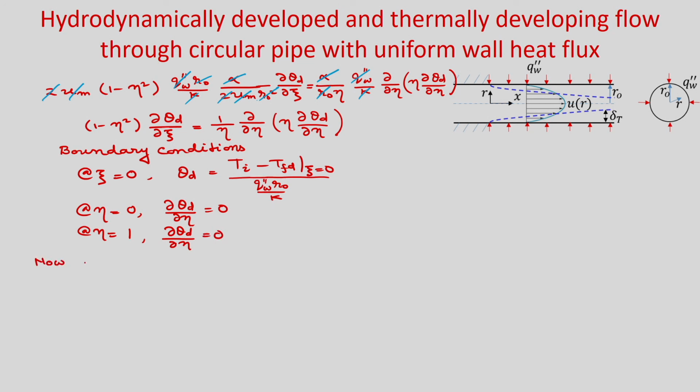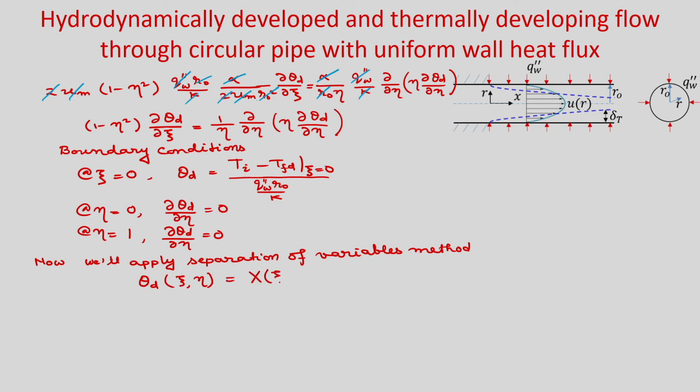Now, we will apply the separation of variables method. So, we will write the solution theta d, which is a function of zeta and eta, as the product of two individual solutions x, which is a function of zeta, and r, which is a function of eta only.